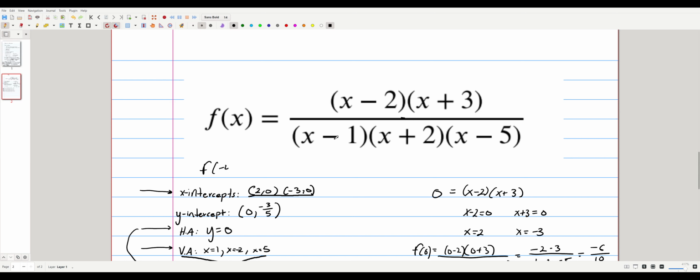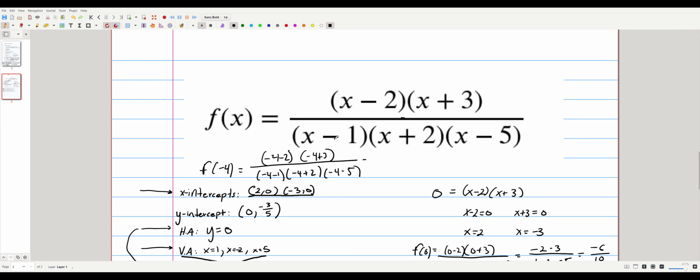you would get f of -4 is equal to -4 minus 2, -4 plus 3, -4 minus 1, -4 plus 2, -4 minus 5.